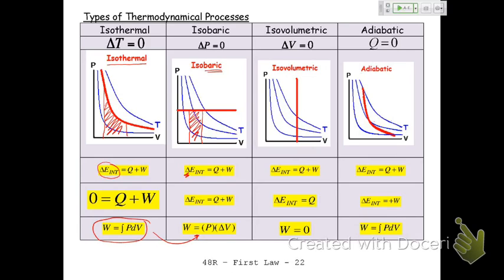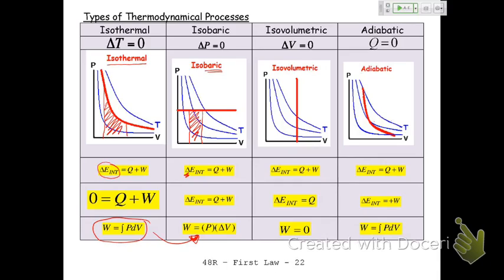Mathematically, it's still the integral, but it simplifies to that. Notice it's a constant pressure times a change in volume, not a constant volume times a change in pressure. For people who don't like to draw diagrams, it's easy to get those two things confused. For people who draw diagrams, when you don't have a change in volume, you don't have any area under the curve, which we'll see next.